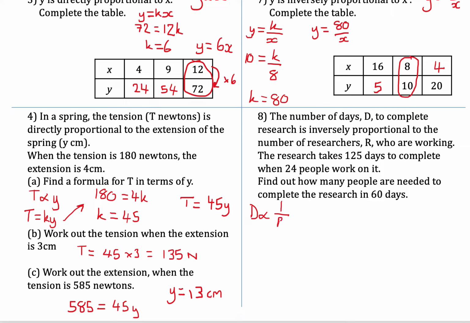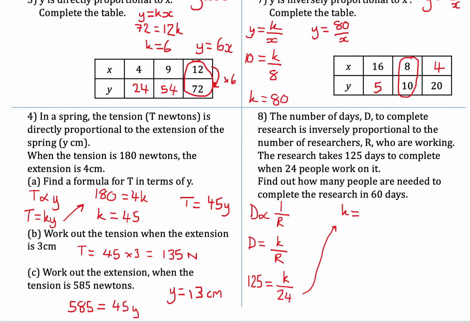D fish 1 over R, and then change that straight away to D equals K over R. And then we can substitute in the values that it gives us in the next bit. It takes 125 days to complete when 24 people work on it. And we can use that to work out K.